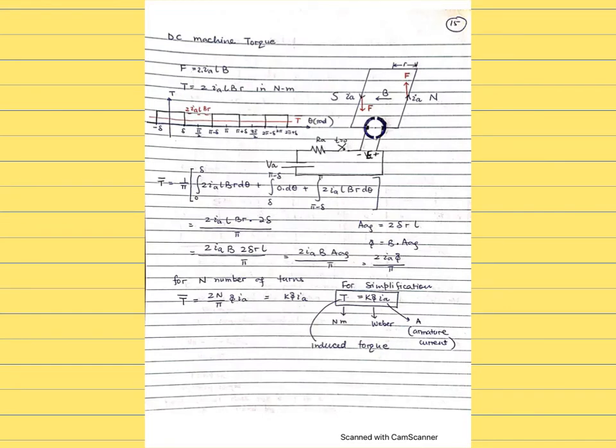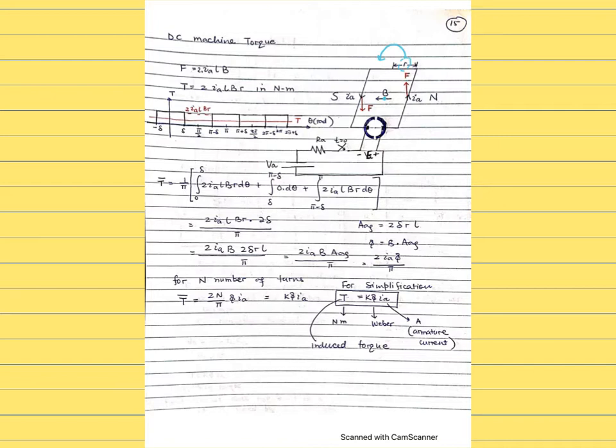Okay, we're looking at the DC machine torque now, the torque produced by the machine. Torque is the rotational force, actually force times the distance. Since it's doing rotational motion, from the center it's rotating through a distance r, the radius.